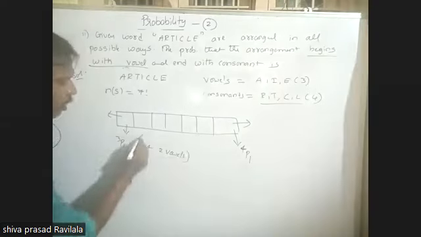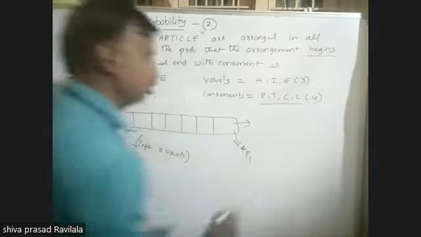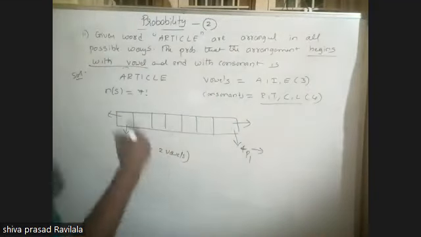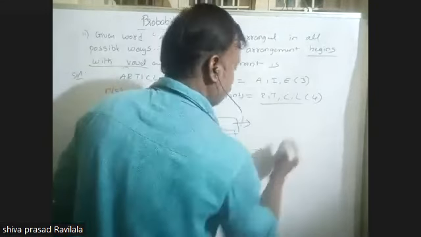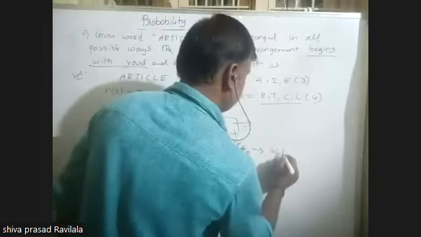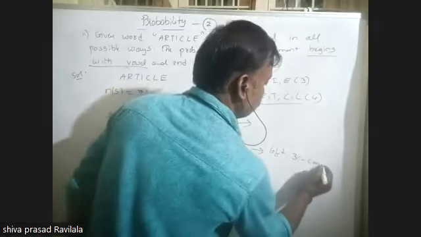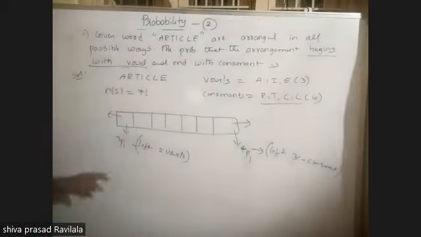If I used A, I left I and E. Also in 4P1, I used only one consonant in the last box. That may be R, T, C, or L. I left 3 consonants.